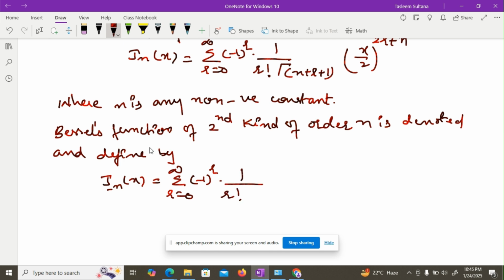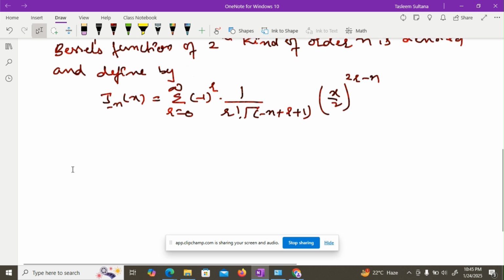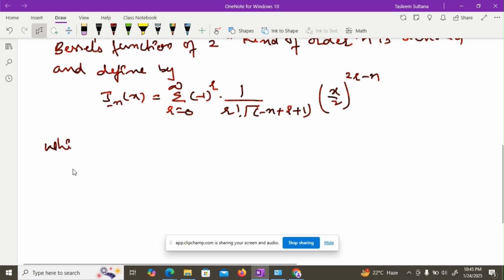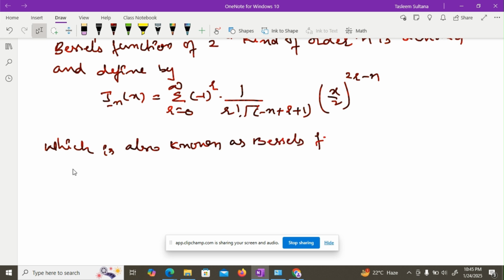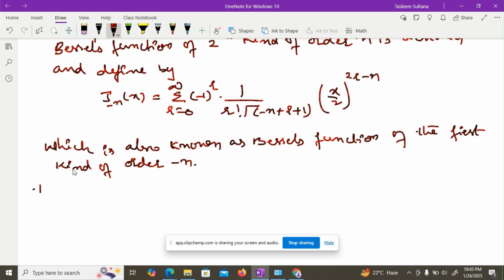So J minus n of x is equal to summation r is equal to 0 to infinity, minus 1 to the power of r, 1 divided by r factorial gamma of minus n plus r plus 1 of x by 2 to the power of 2r minus n, which is also known as Bessel function of the first kind of order minus n.